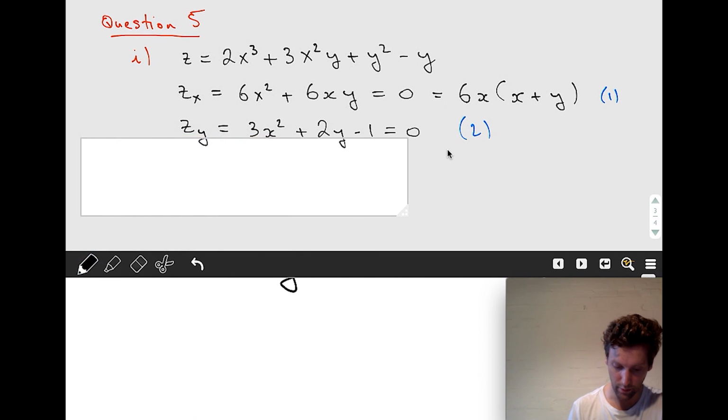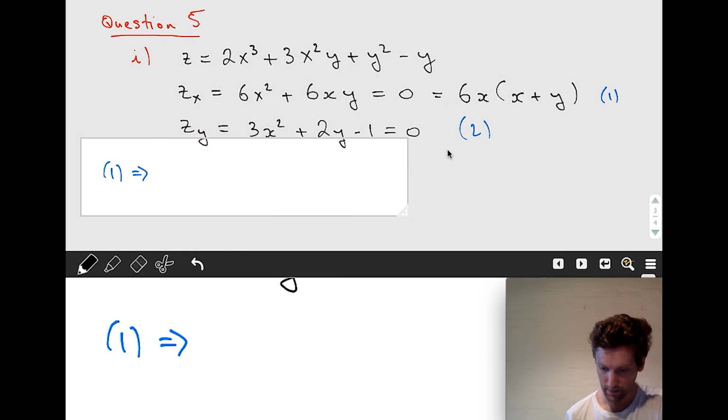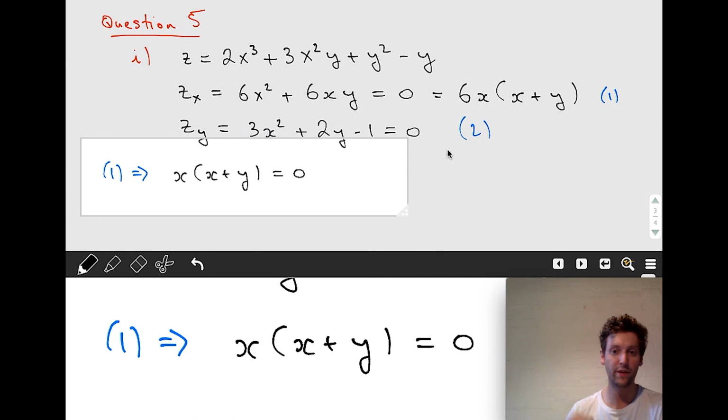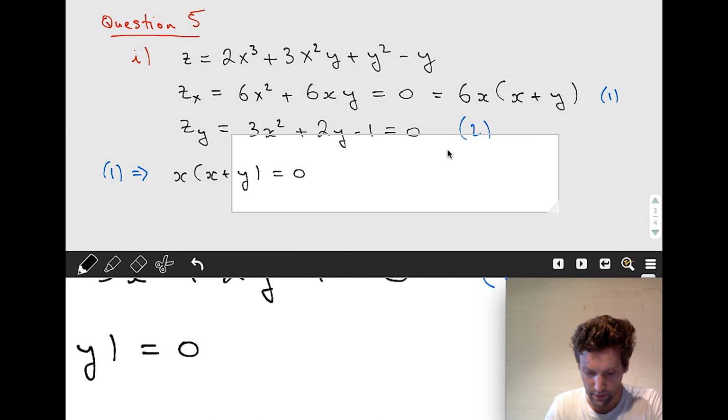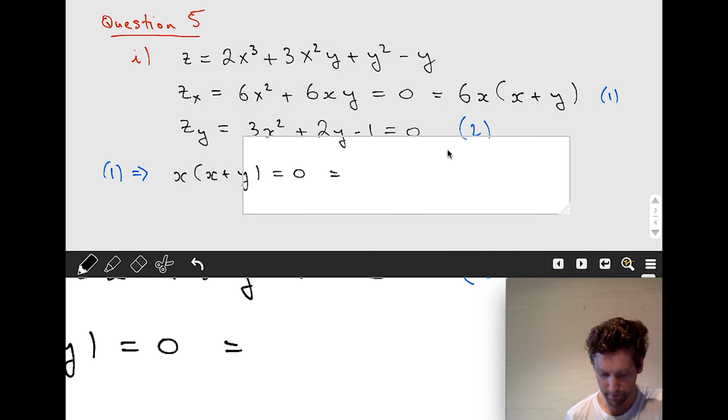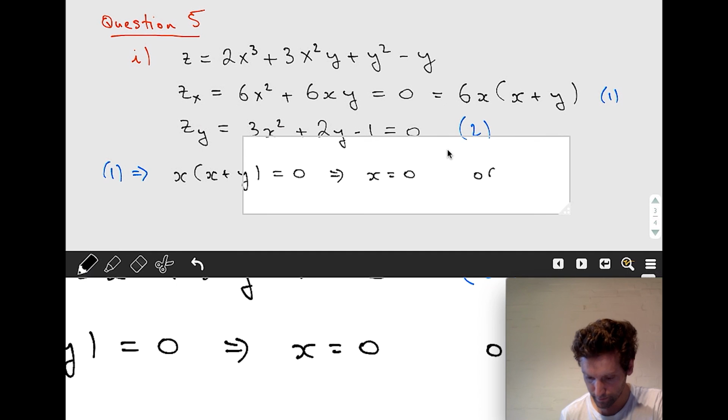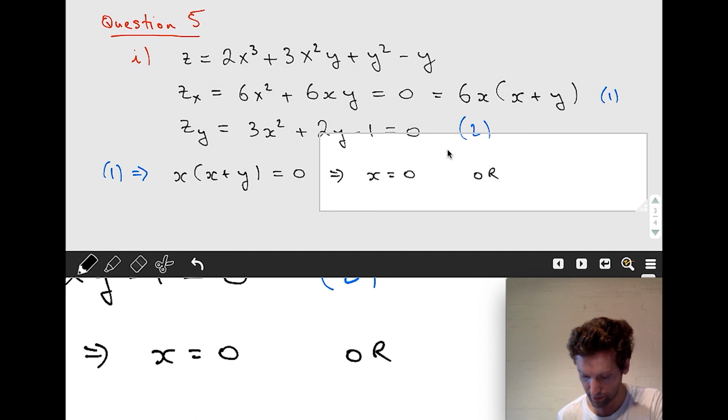So expression number 1, if I get rid of that factor of 6, gives me x times x plus y is equal to 0. And we remember that if we have something times something equal to 0, then one of those things has to be 0. So that means that either x is equal to 0 or x plus y is equal to 0.